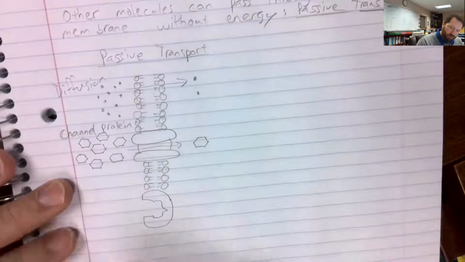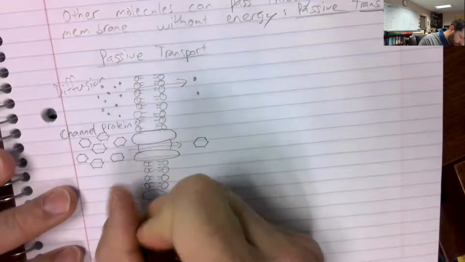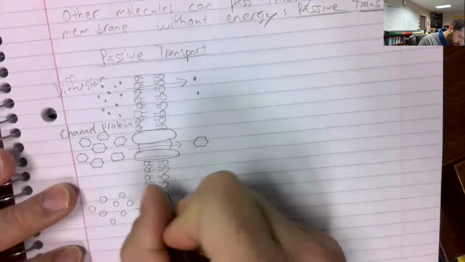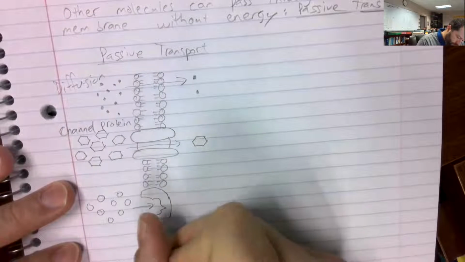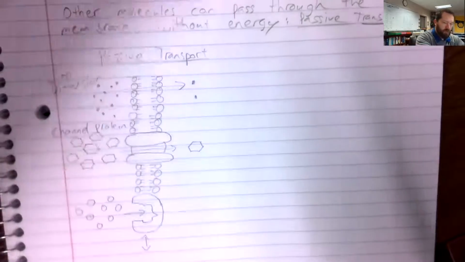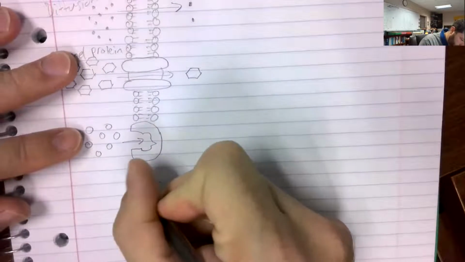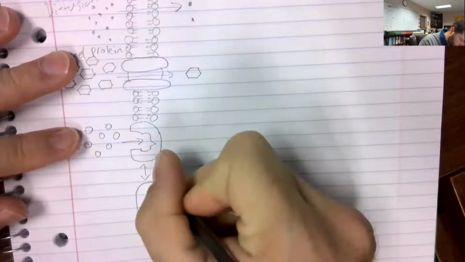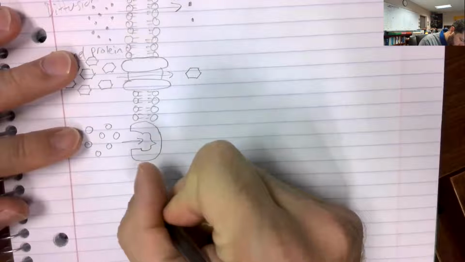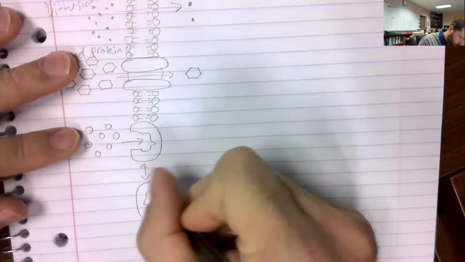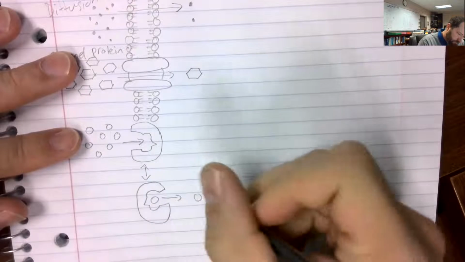First of all, we have it pointed like this, and it can go back and forth from this shape to this shape.